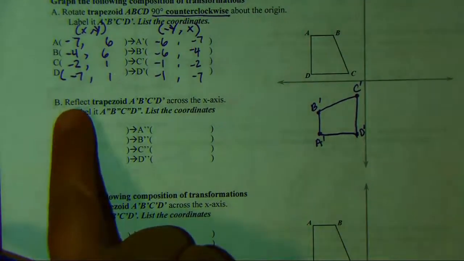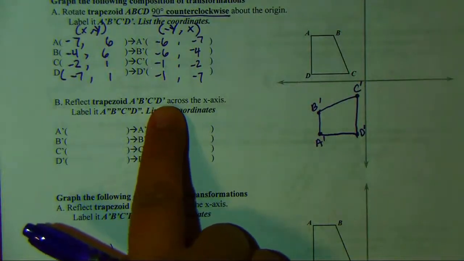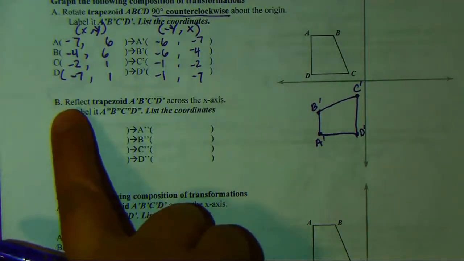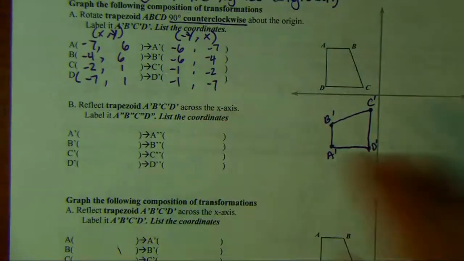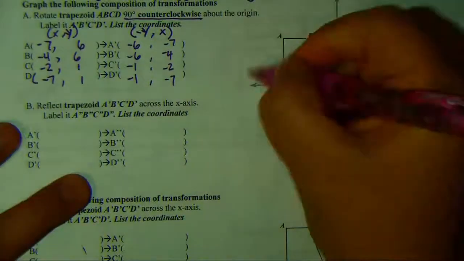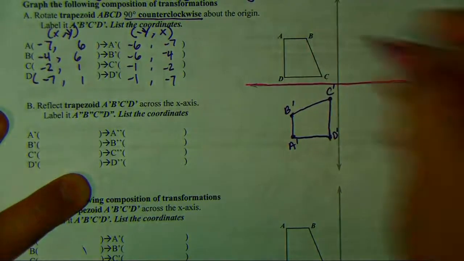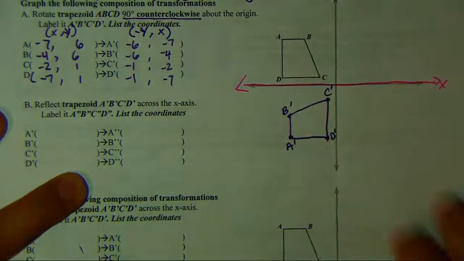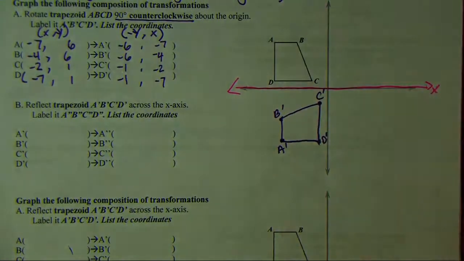Now we're going to take trapezoid A prime, B prime, C prime, D prime, and we're going to reflect the trapezoid across the x-axis. So x-axis is this one right here. So we are going to reflect this across the x-axis.